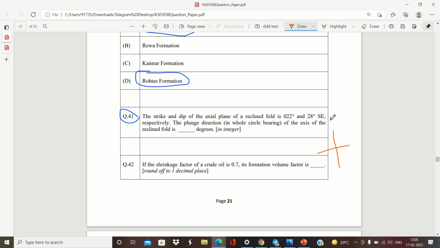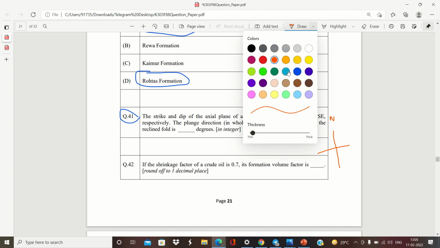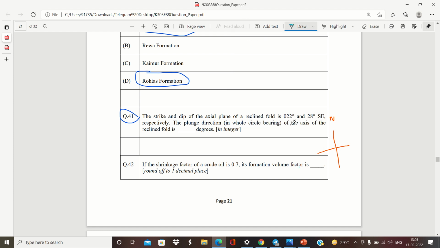Here we have north. Then our plane strike is 022. That means the strike is running something like this. And the dip direction is 28 degrees in the southeast. So the dip direction is this.